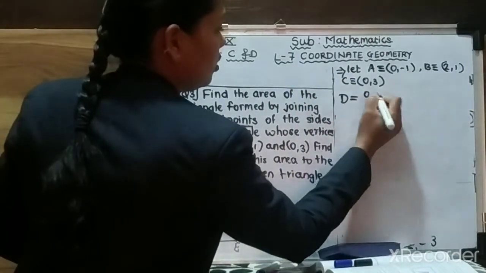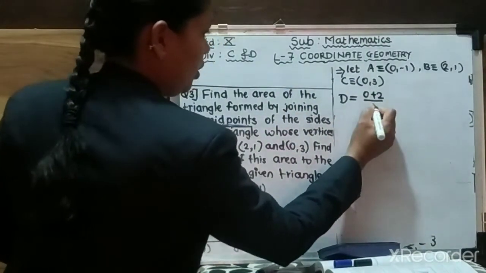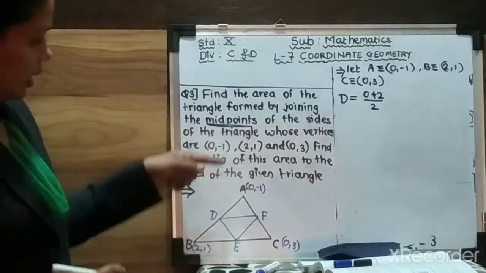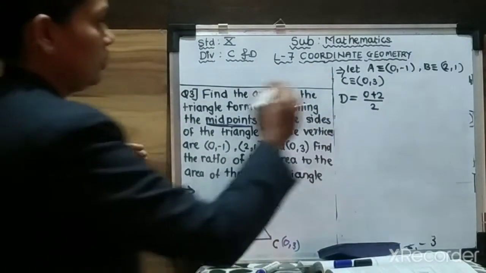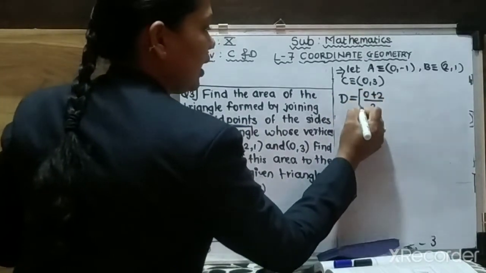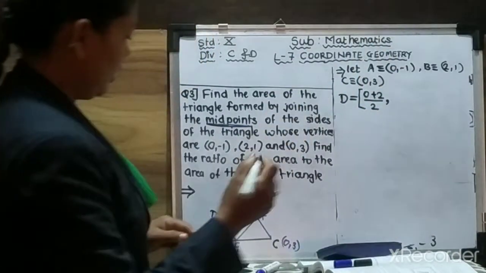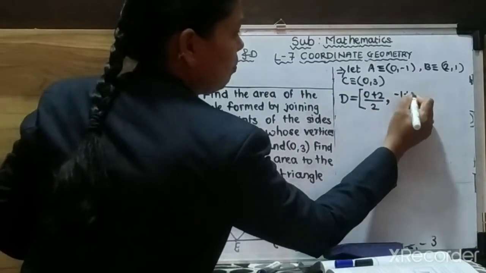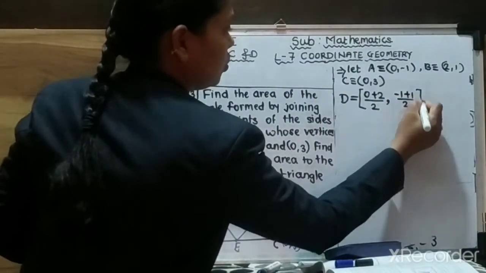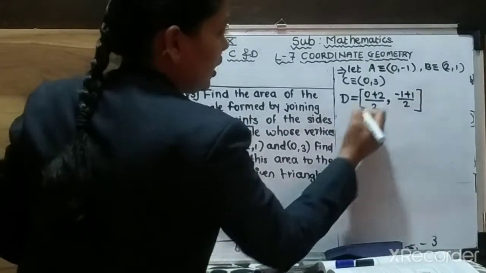So 0 plus 2 upon 2, right? X1 plus X2 divided by 2. That will be our X coordinate, and the Y coordinate will be what? Minus 1 plus 1 upon 2. Right? So what is our D now?